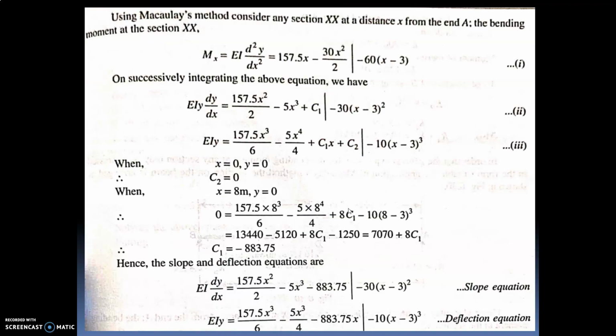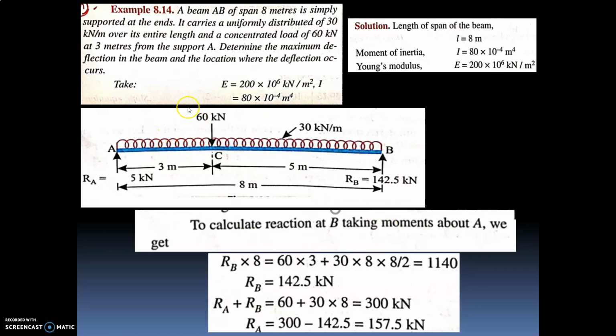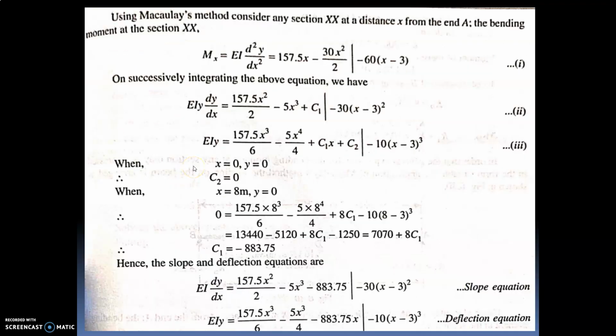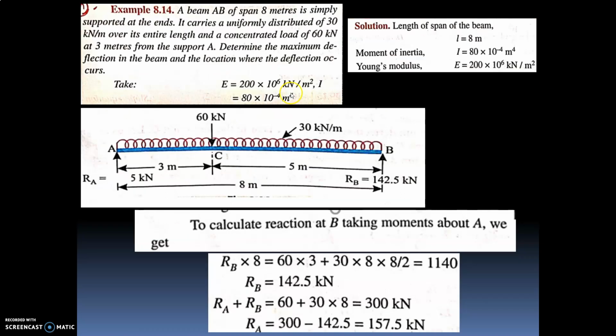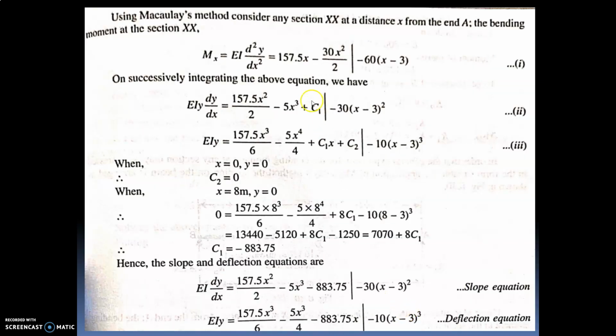For that you have to use Macaulay's method and consider any section XX which is at a distance of X from the end A. So now let us consider this section is here at XX. What will you write? RA into X, RA is 157.5 into X. So this is the bending equation.